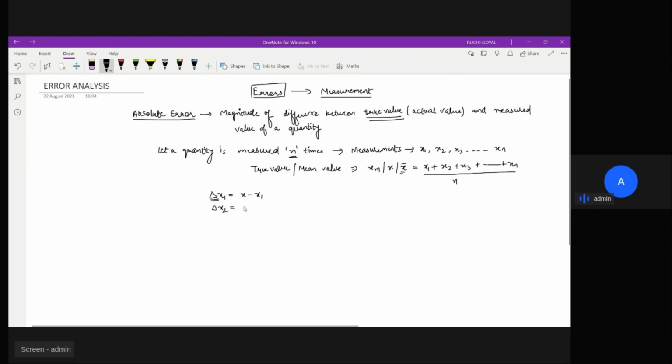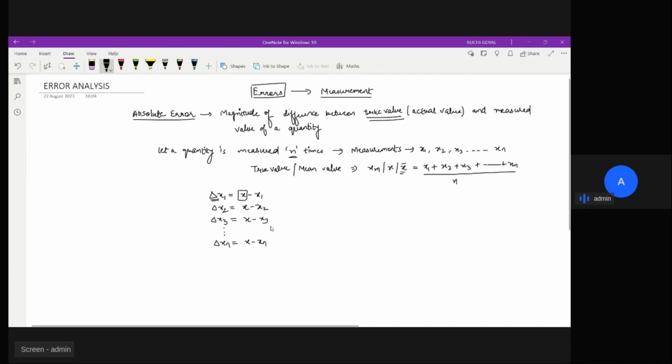Delta x2 will be x minus x2. Delta x3 will be x minus x3. This x is the mean or actual value. Up to delta xn, it will be x minus xn. So this is how we find the absolute errors.